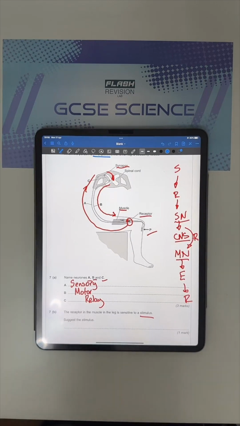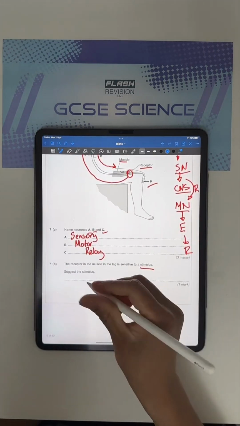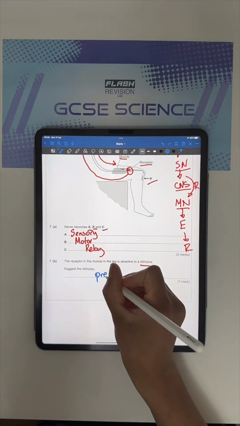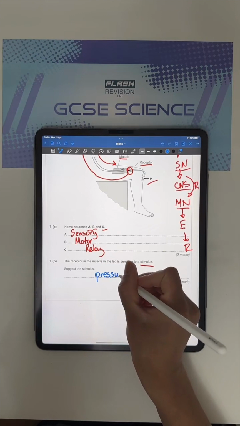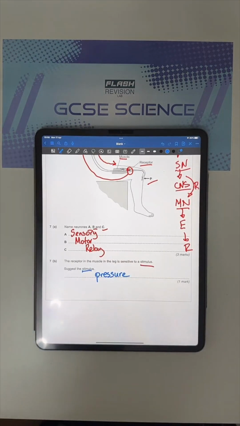All of those are things that you can basically sense from your surroundings, so your stimulus. For this one, because your skin is the one that's sensing it, it's going to be a pressure receptor, which is sensing pressure as the stimulus.